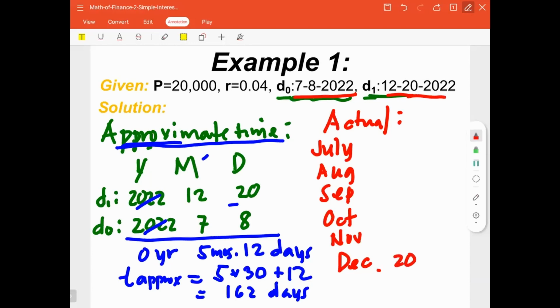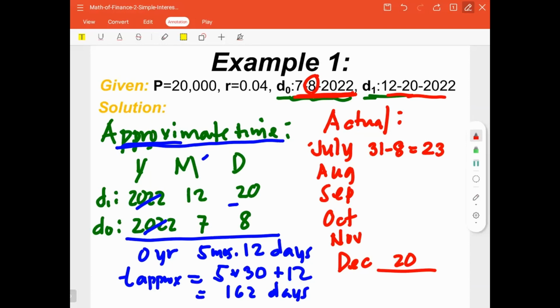So December 20. Now, with regard to this loan date, which is July 8, take note, you need to determine the actual number of days in this month, July, and we know that it's 31. So we'll subtract 8 from 31. This will be equal to 31 minus 8, and it will give us 23 days there.